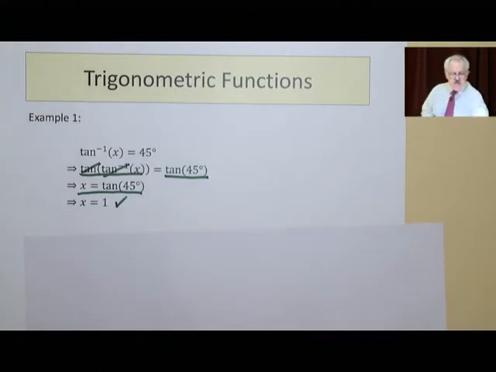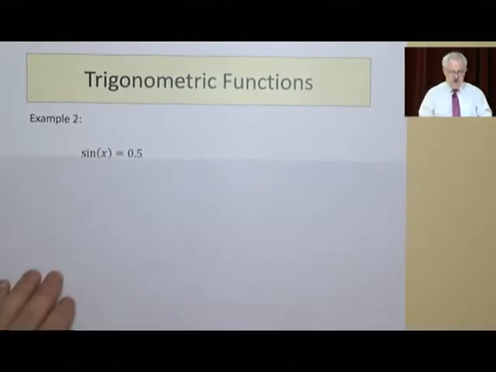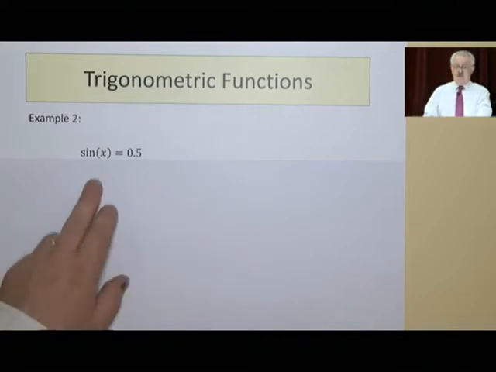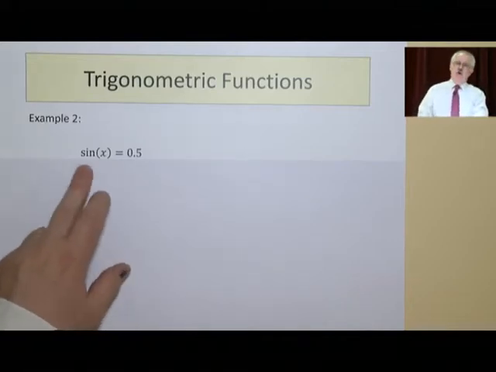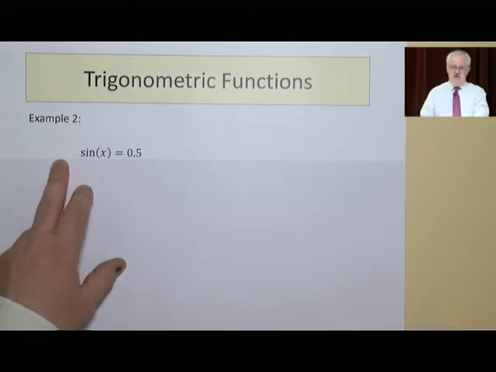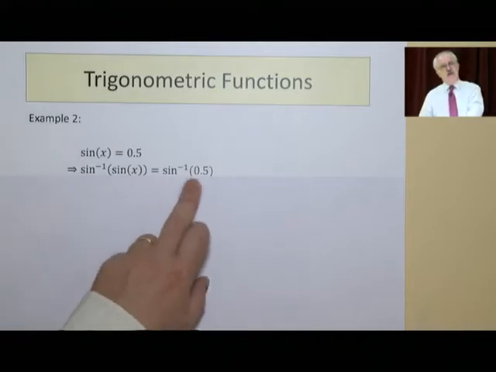I can do the same for sine. If somebody said the sine of x is 0.5, what's x? I don't know. But I know what will get rid of a sine. The opposite of a sine is sine inverse. So if I take sine inverse of the left-hand side, I can take sine inverse of the right-hand side.